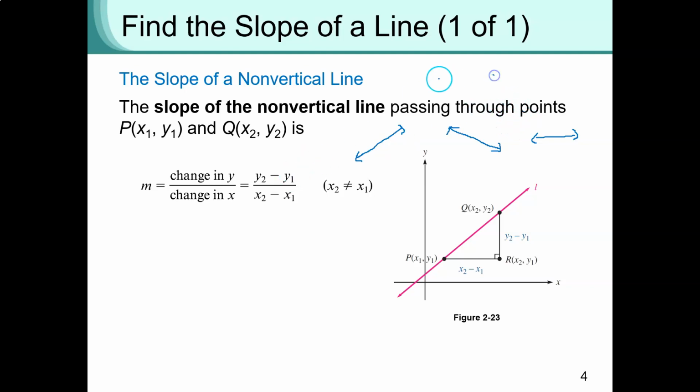We use this formula to find the slope. The slope is equal to changes in y over changes in x, and the formula is y2 minus y1 over x2 minus x1. But x2 cannot be equal to x1, which means you cannot get a 0 on the bottom.